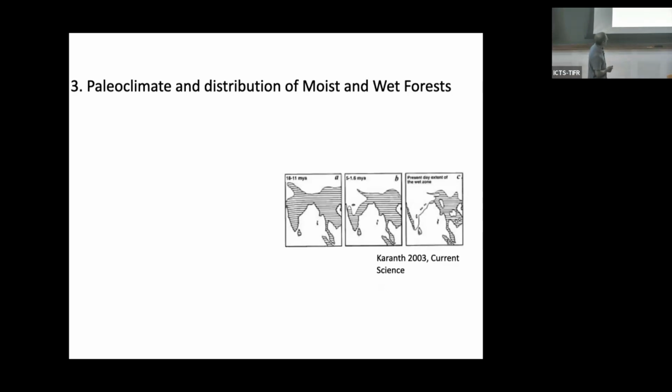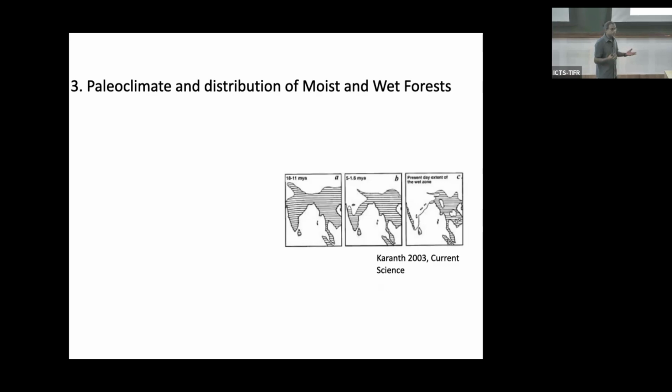Praveen Karanth and his group pushed this idea a little bit forward. They said this probably was moist habitat 18 to 11 million years ago, and then later as it dried up, it probably became something like this.